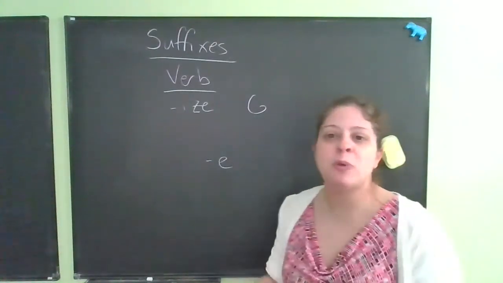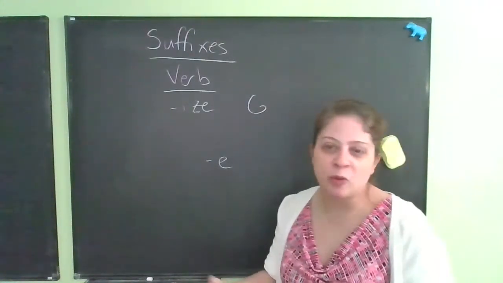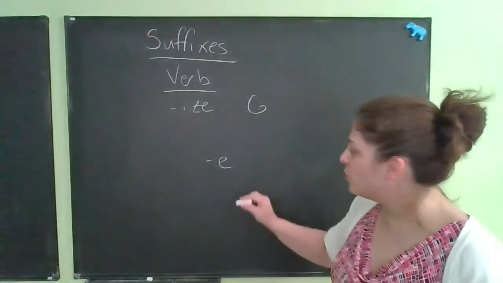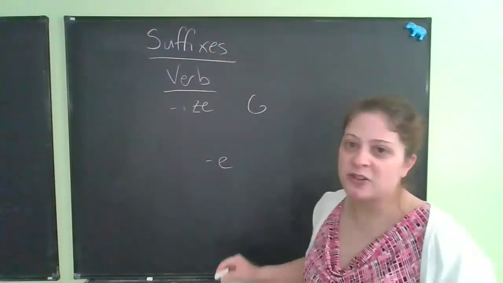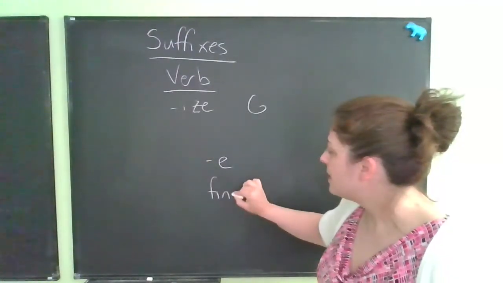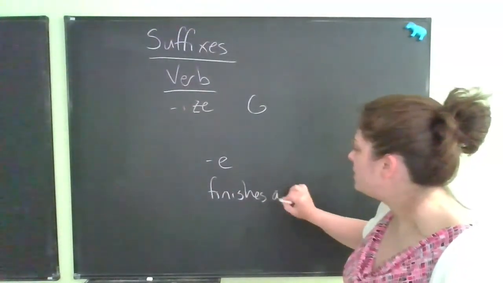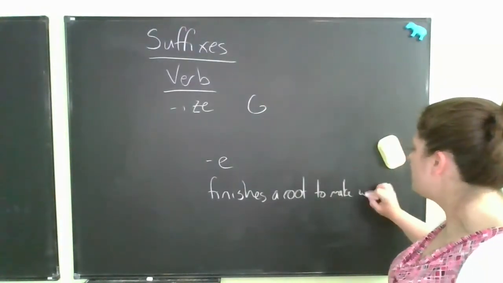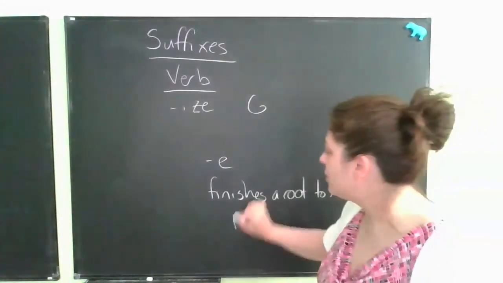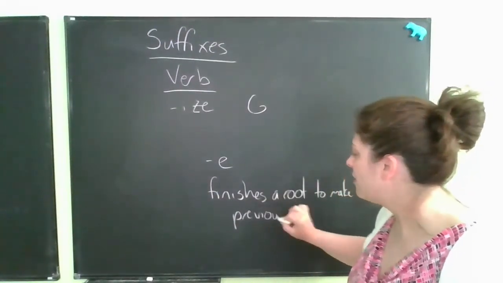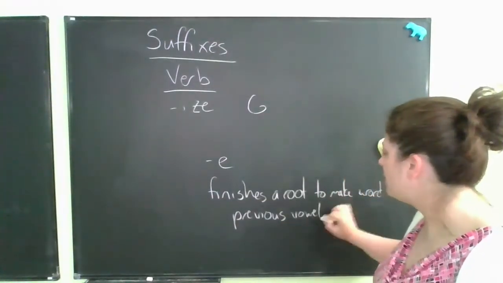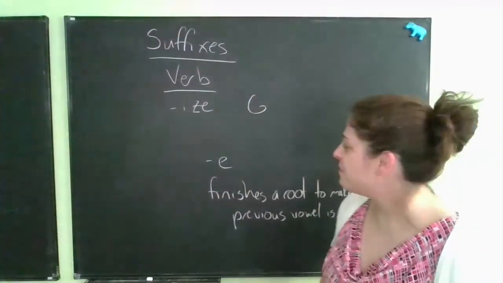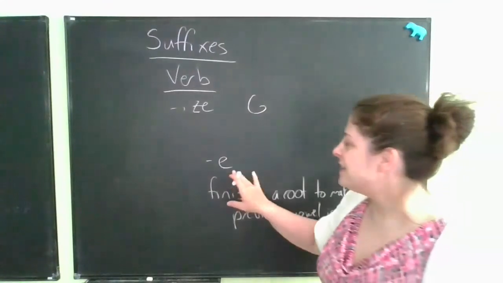It can indicate multiple parts of speech, although nouns and verbs tend to use this E. All E does is it finishes off a root and it shows that the previous vowel is long. So it kind of finishes a root so that it can make a word. And it indicates the previous vowel should be pronounced long, usually. Again, there's exceptions.